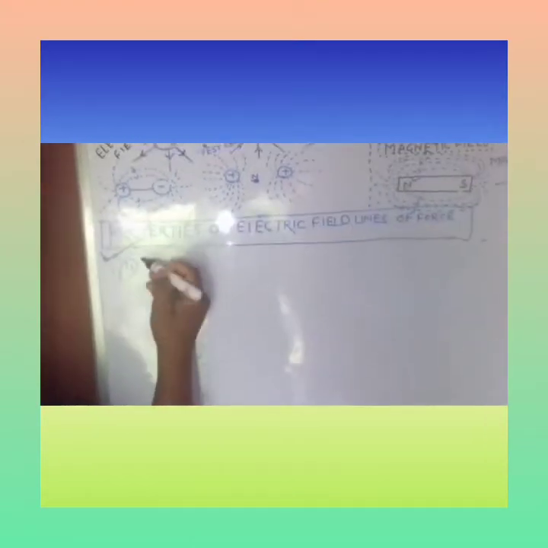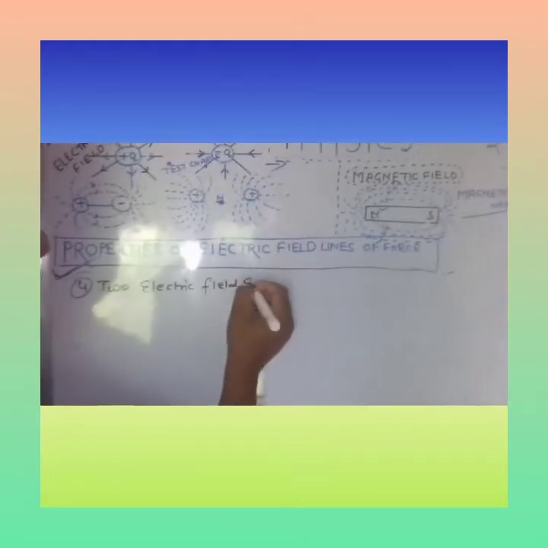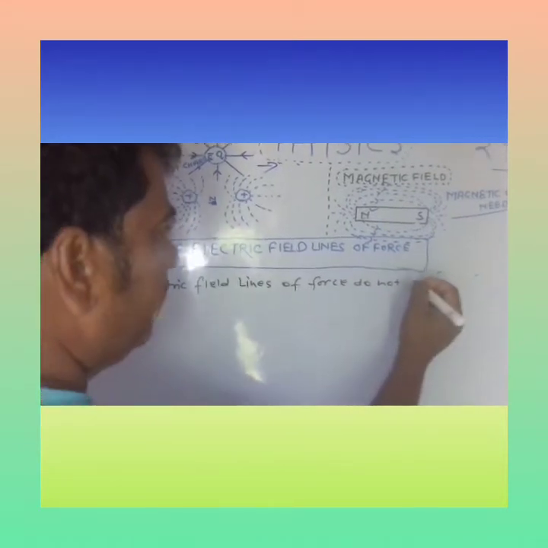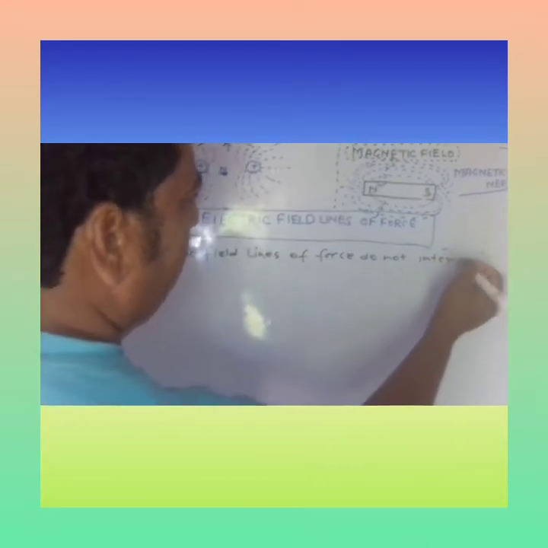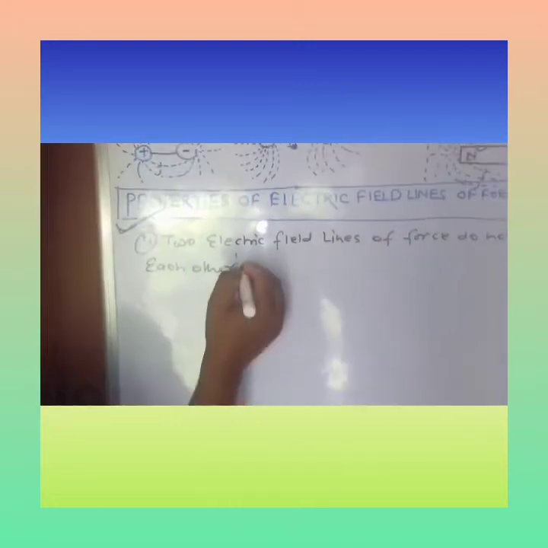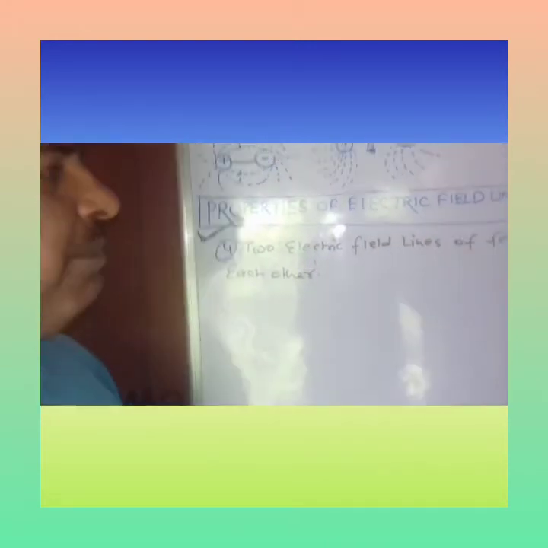Look here, two electric field lines of force do not intersect each other. Yes my dear students, two electric field lines of force do not intersect each other.